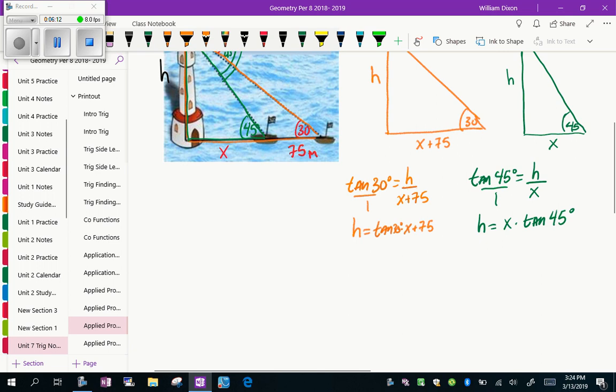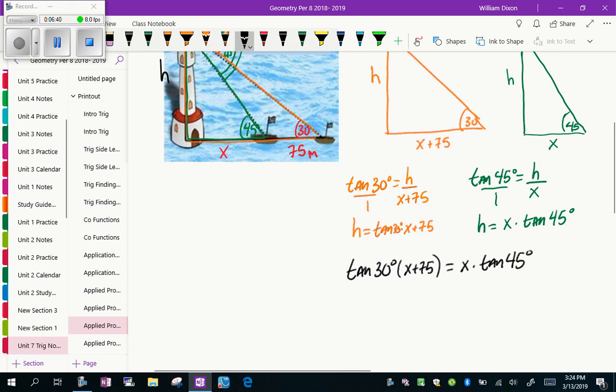So I'm going to have the tangent of 30 degrees times x plus 75 equals x times the tangent of 45 degrees.